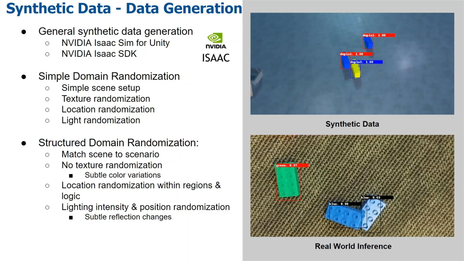As mentioned before, for synthetic data generation, we use Nvidia's Isaac Sim for Unity and the Isaac SDK. Our first approach was to use simple domain randomization scripts, which would randomize object textures, lighting, positions, and rotations.